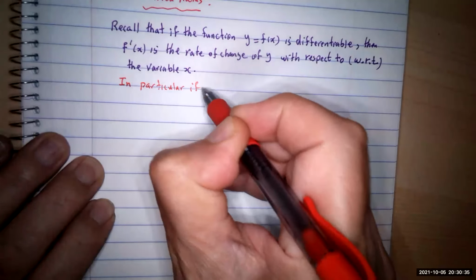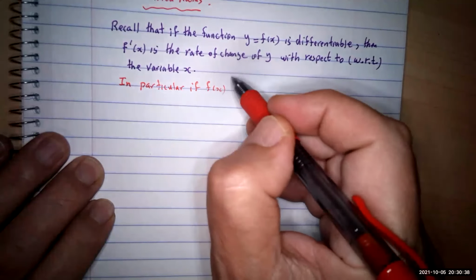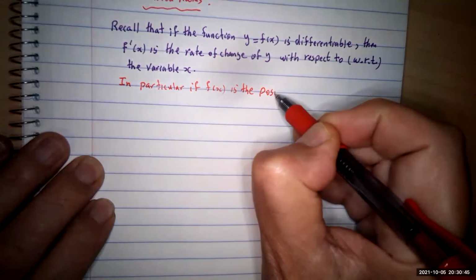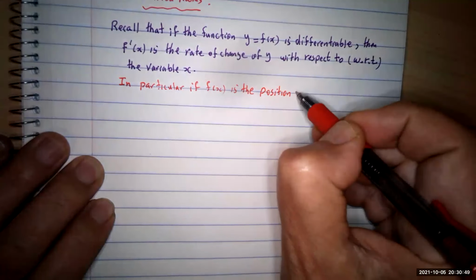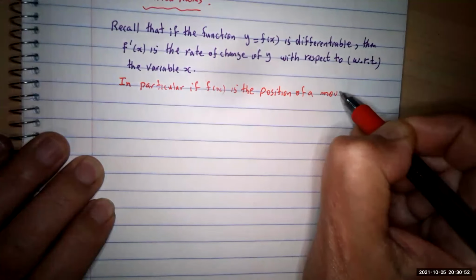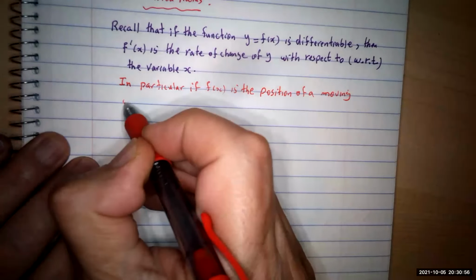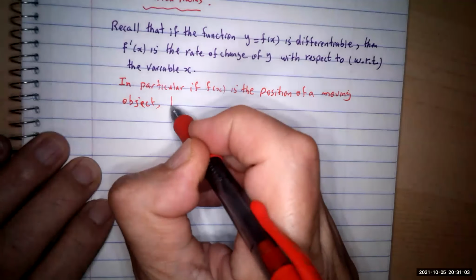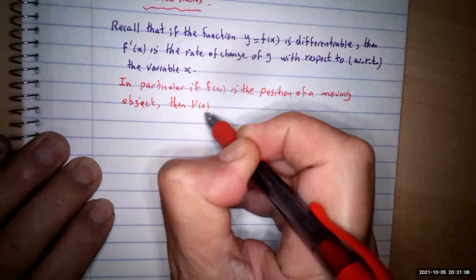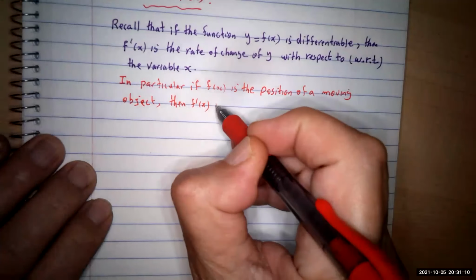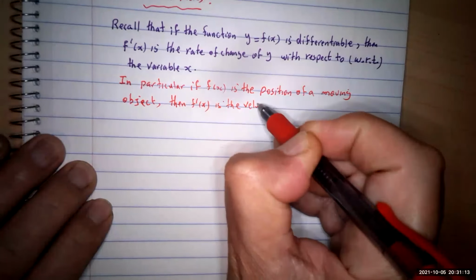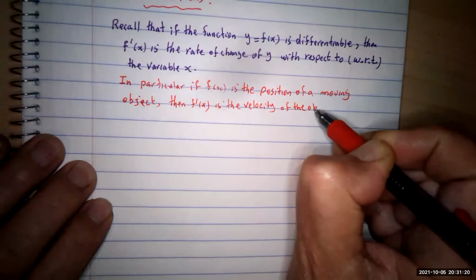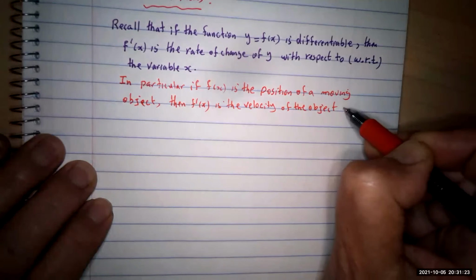If f of x is the position of the moving object, then you know that f prime of x is the velocity of the moving object at x.